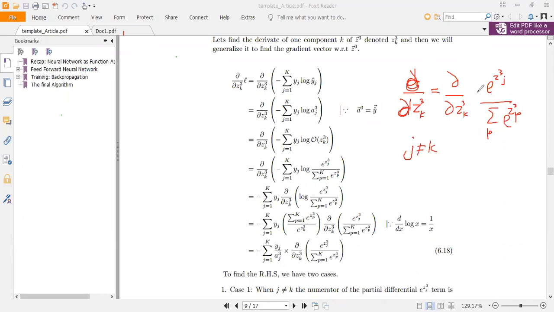In that case, this part becomes a constant, so we can pull this out. So we only have to find out the differentiation of this part. And in case j is equal to k, then it's basically again a differentiation of u by v.